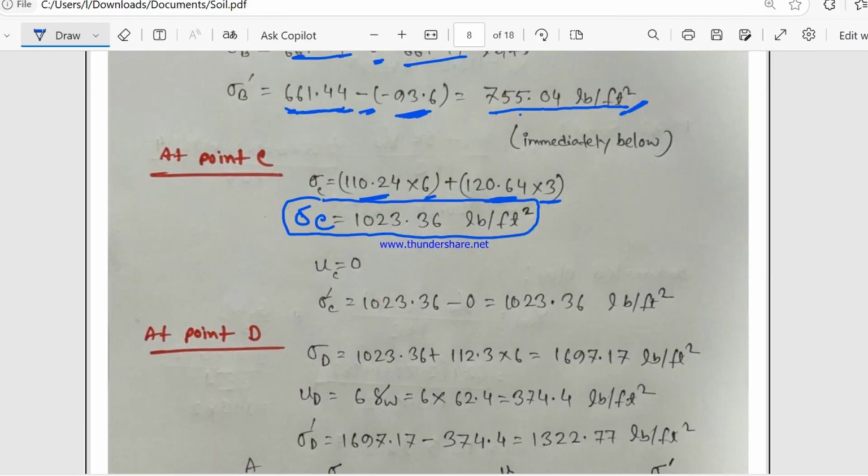So the pore water pressure is 0, and we calculate effective stress. Effective stress is total stress, which is 1023.36, minus pore water pressure, which is 0. Then effective stress will be 1023.36 pounds per square foot.